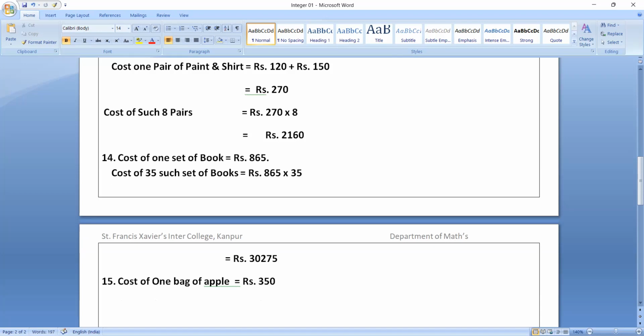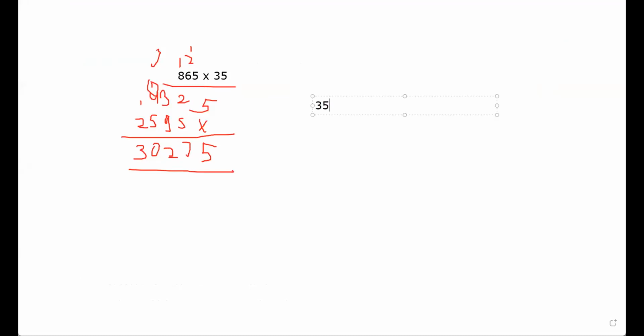Then cost of 32 such bags is equal to rupees 350 into 32. We have to multiply the number with 32. Just multiply the number 350 with 32.